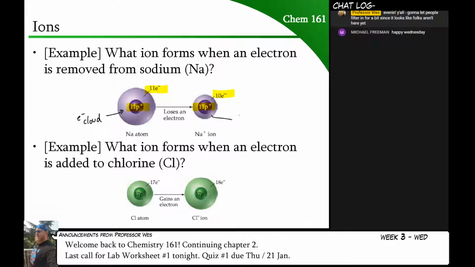And you'll notice that when we remove an electron, the electron cloud gets really tiny. And as you keep removing electrons, it will get smaller and smaller and smaller. We're going to talk about that in more detail in Chapter 3. So just keep that information in your back pocket.